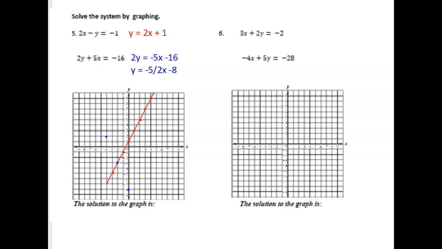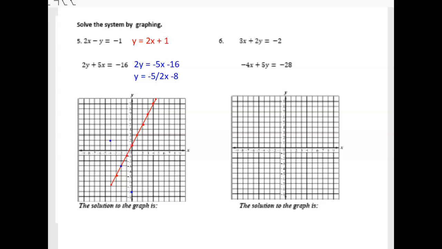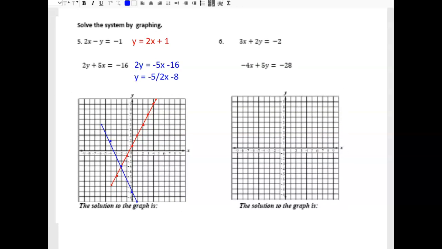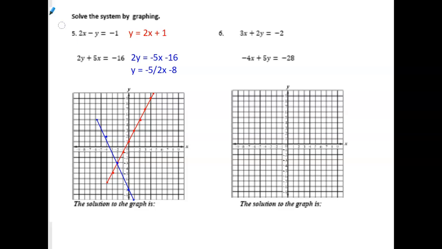Should always have about 3 points. And hopefully what you notice is that these 2 points intersect right here at this point. So we will call that point our solution.